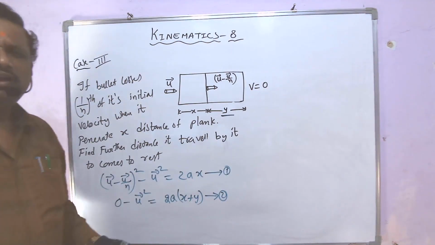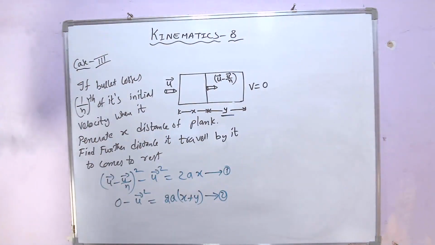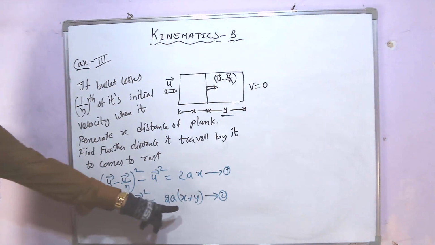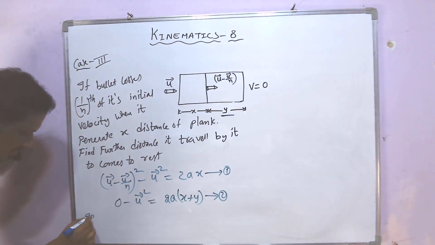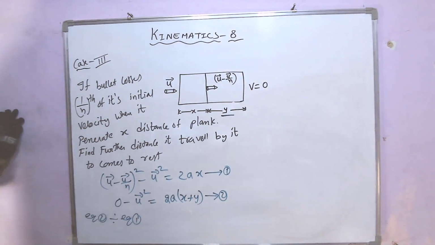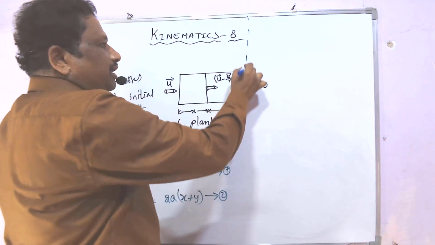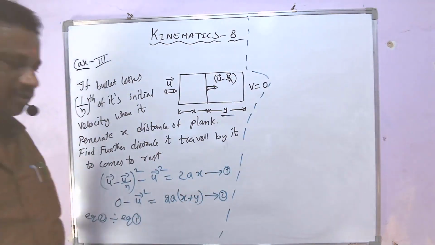Now in the same way you have to divide these two equations and find the y value. So divide equation 2 by equation 1.